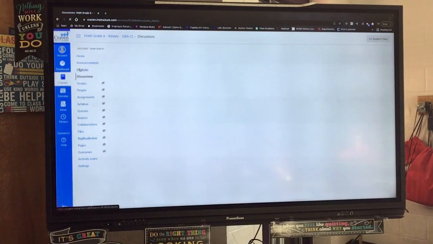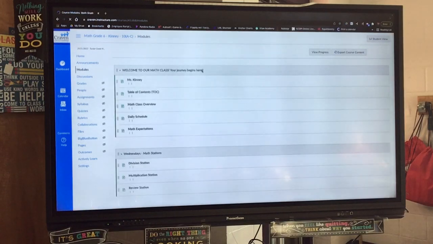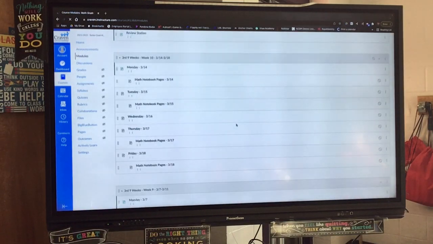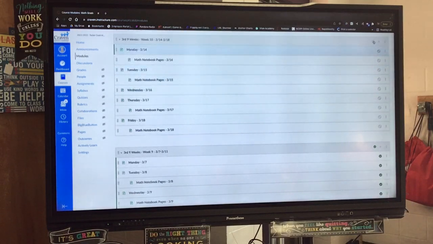Sorry, y'all. I published the day, just not the week. Alright, now it should show up. So if you pull down on the module side, it should refresh and it should show up.